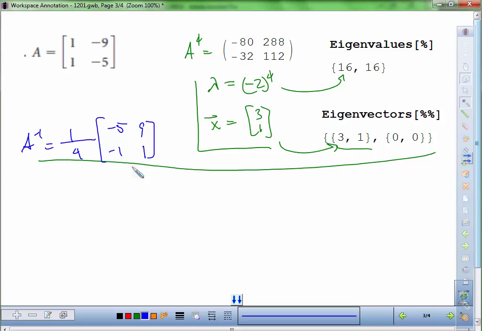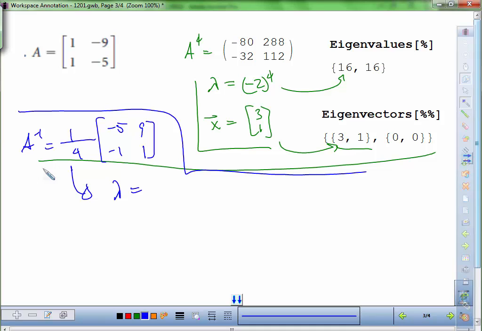And if we were to find the eigenvalues and eigenvectors of this inverse, what should we get for our eigenvalue? No, this is not to the fourth anymore.